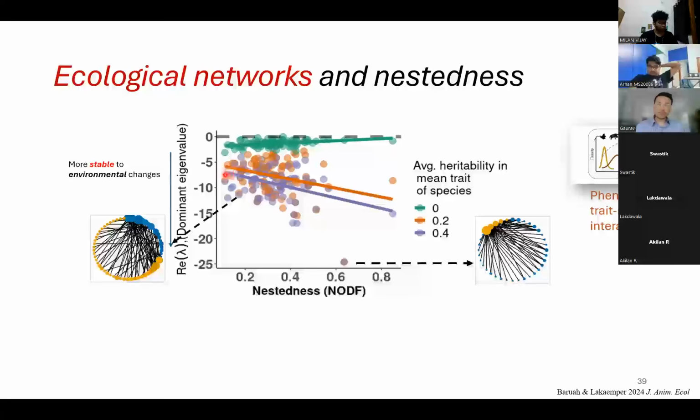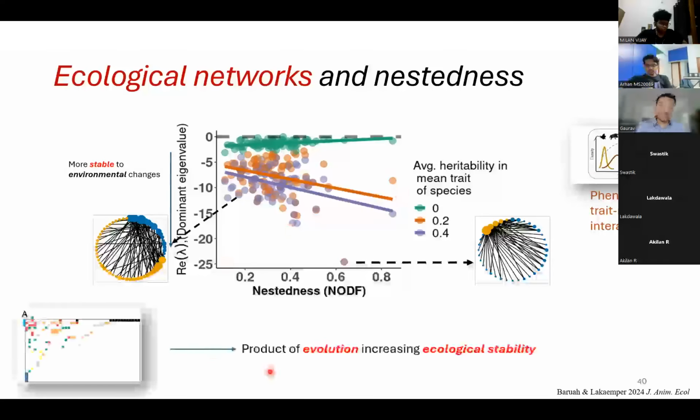However, networks like this become less stable. So basically, these same networks, when there is evolutionary dynamics at play, become much, much more stable. So what we observe in nature, such as this structure, is basically the product of evolutionary dynamics that feeds back on ecological dynamics and increases stability. We might see such a structure in nature because it promotes stability.